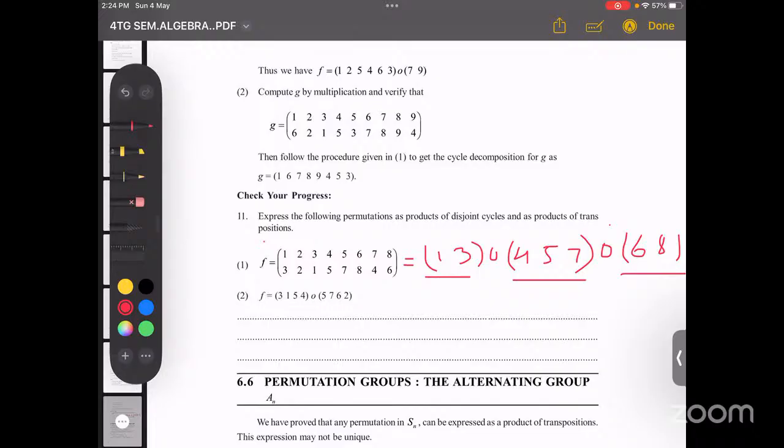That means we have no common elements in these cycles. Okay. And as a product of transpositions means cycles of length 2. Cycle of length 2 means already 1, 3, the length is 2. For this one, you can write as a transposition. First one is (1, 3). Next circle.